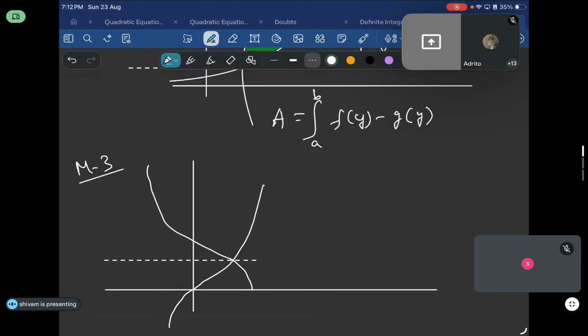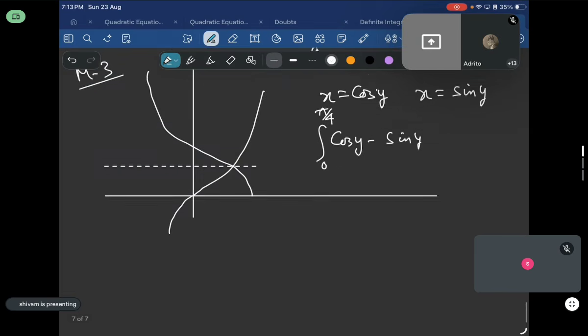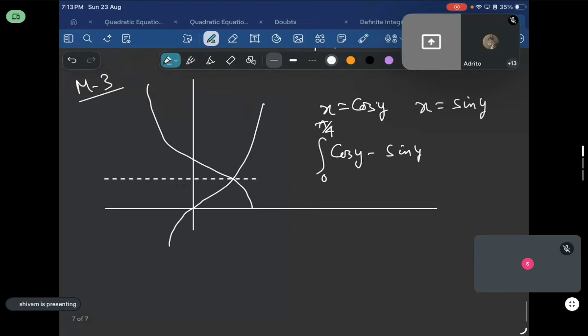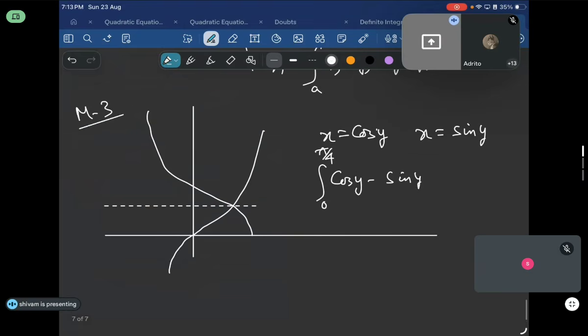Then you have to integrate from 0 to pi by 4. Cos inverse x plus x equal to cos y and x equal to sin y, right? So it will be integral from 0 to pi by 4, upper curve is cos y minus lower curve is sin y. Same thing, we'll get root 2 minus 1. This is cos inverse x and sin inverse x. I am doing the same problem, I mean, rightmost curve minus leftmost curve.